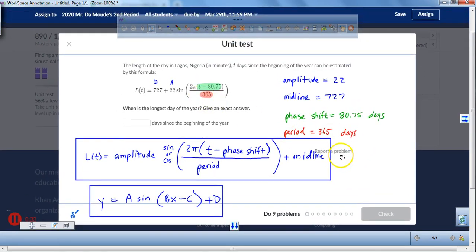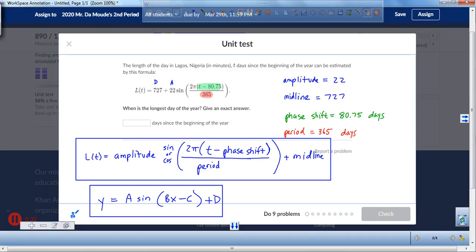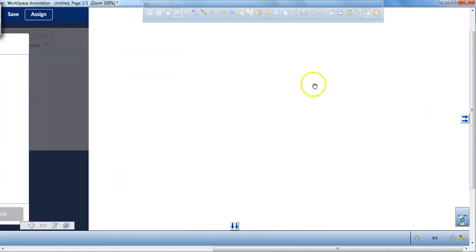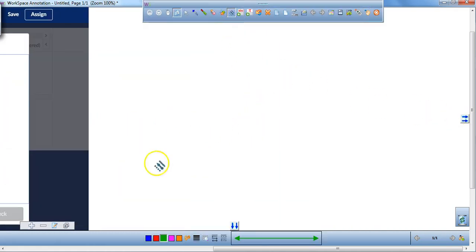So it says, when is the longest day of the year? Give an exact answer. Okay, so what we're going to do is write down some certain things over here, and we're going to evaluate it. First thing I want you to do is draw just a regular positive sine graph. A sine graph starts at the midline.